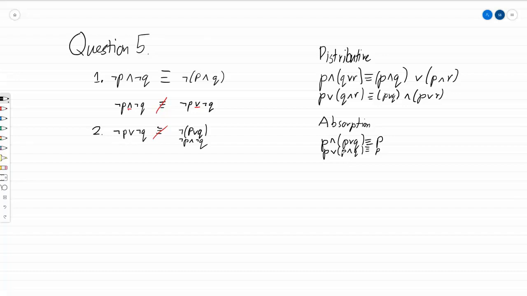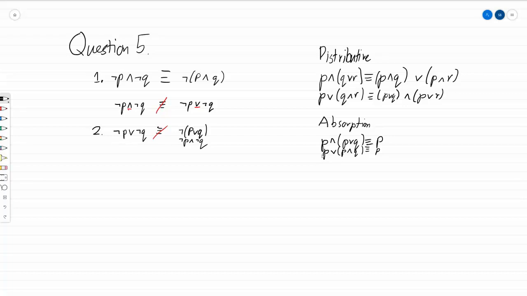And the way you can look at that is, actually probably the first one easier to do is P or P and Q. If P is true, well then this is always going to be true.